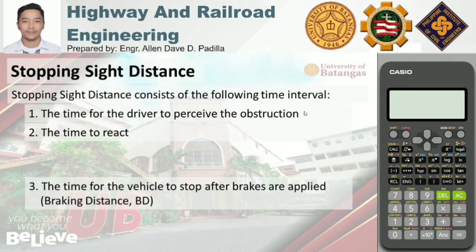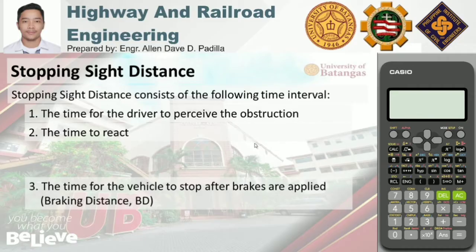Pero, kapag magsosolve tayo ng problem at hindi ibinigay yung perception reaction time, ang gagamitin natin is 2.5 seconds. Kasi sa range ng 2 to 2.5, 2.5 yung worst. Kasi yun yung pinakamahabang time para ma-realize ng driver na may hazard na paparating. So, worst case scenario, 2.5 seconds ang gagamitin natin.